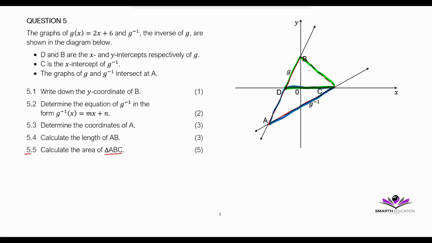These are the two triangles. Area of triangle ABC is equal to area of triangle BDC plus area of triangle ADC.